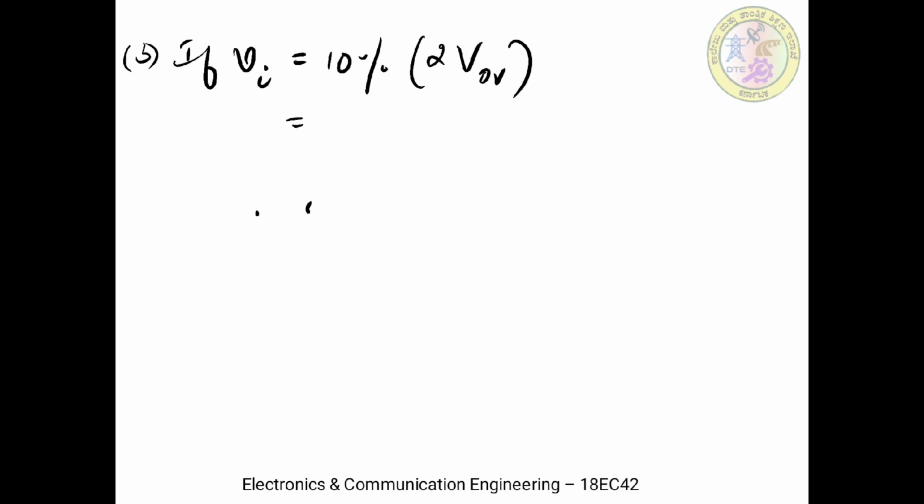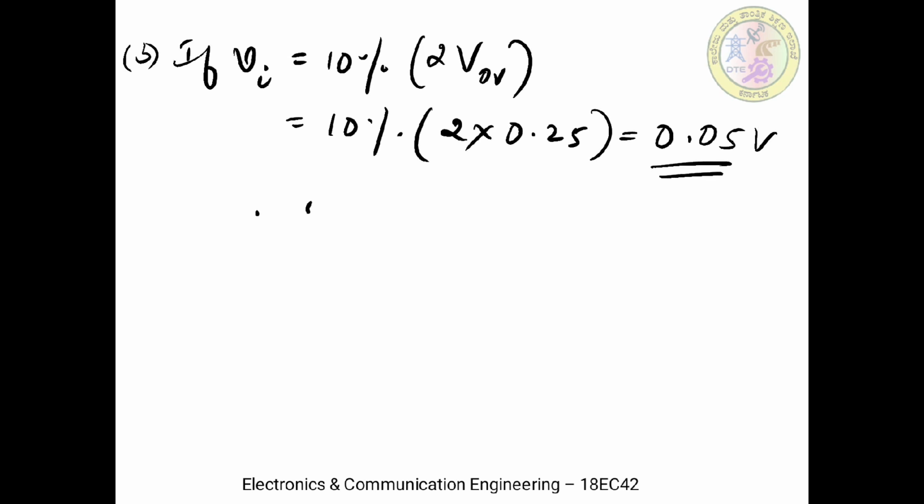How much is it? 2 times the overdrive voltage was 0.25 volts. So 10% of that gives us 0.05 volts. If Vi is 0.05 volts, then what is V naught? That we have to find.